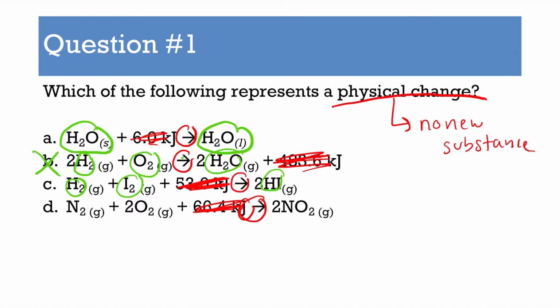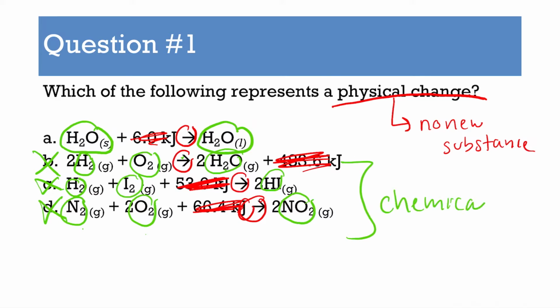HI is different from H2 or I2, so it can't be that one. If we look at D, we're starting with N2 and O2, and at the end we're ending with NO2. Again, NO2 is different from N2 and O2, so it can't be that one. These three are great examples of chemical changes, but the question's asking about physical changes, so that means our answer is A.